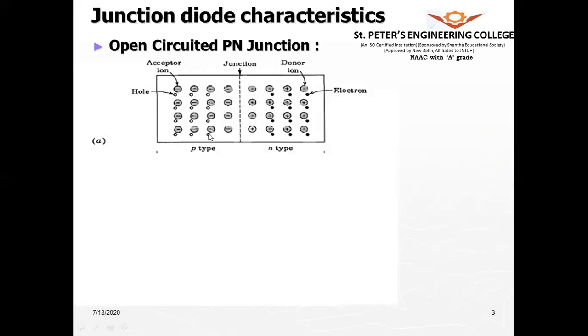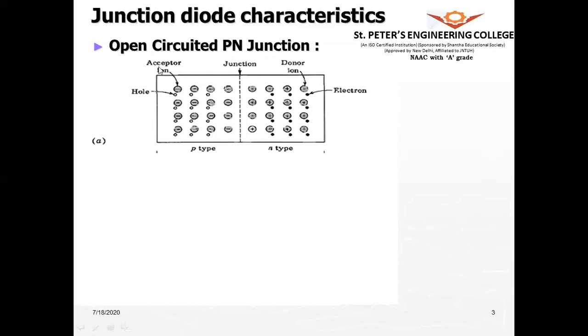In a p-type material, we say P because it is positively charged, as there are excess holes in that type, so we call the hole a positively charged ion.